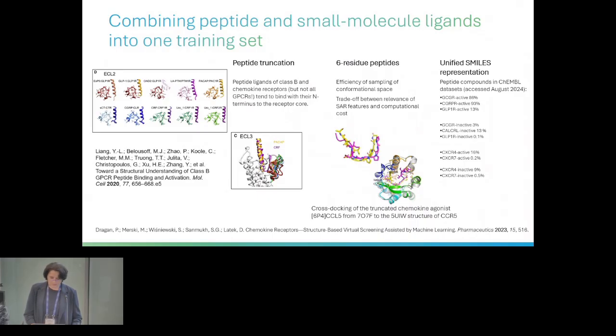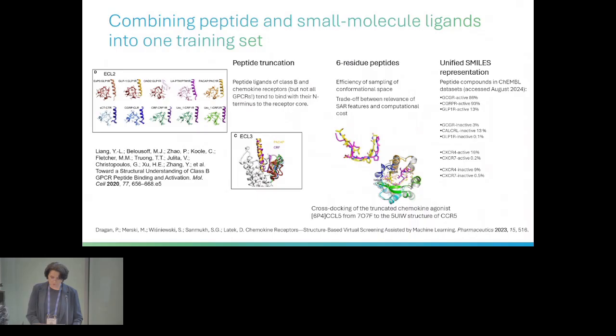Usually, peptide compounds are represented by a sequence of amino acids, while small molecule compounds are represented, for example, by SMILES descriptors. These two representations cannot be uniformly used in training.